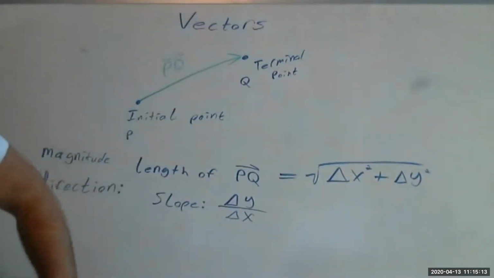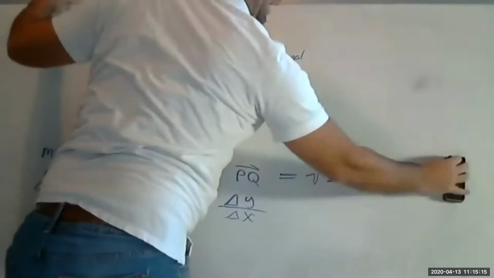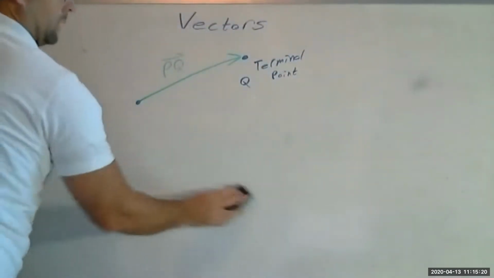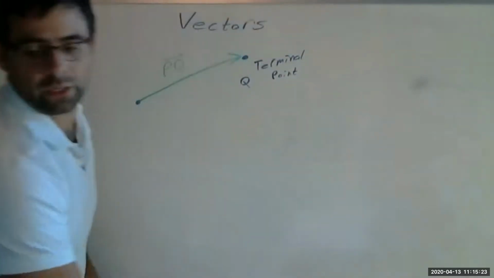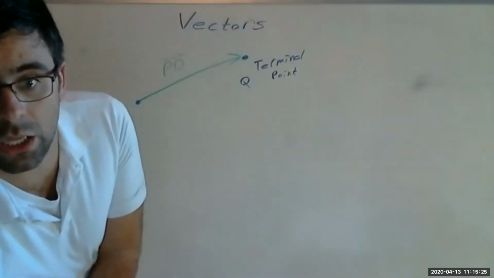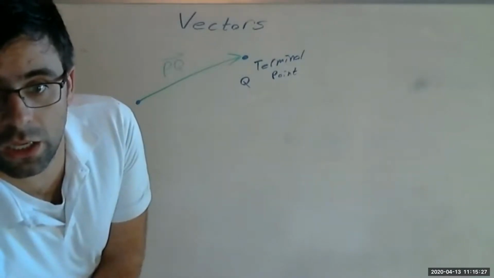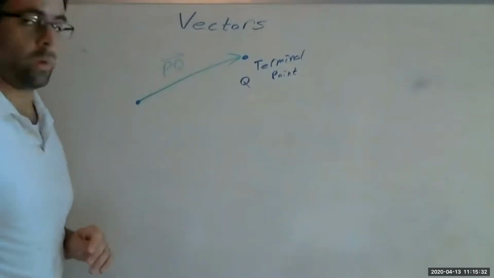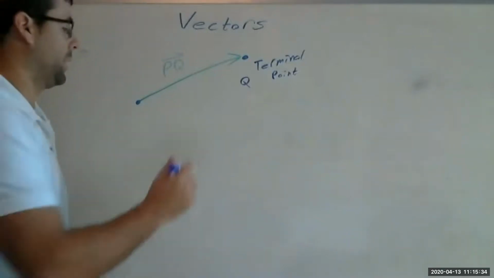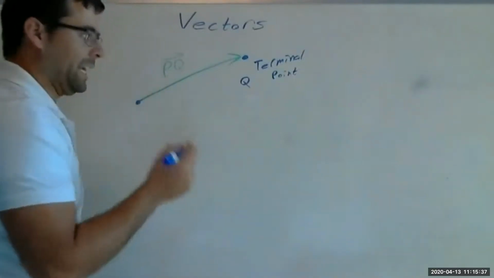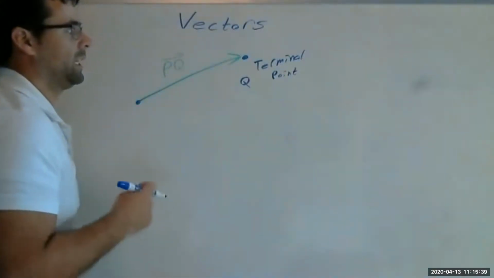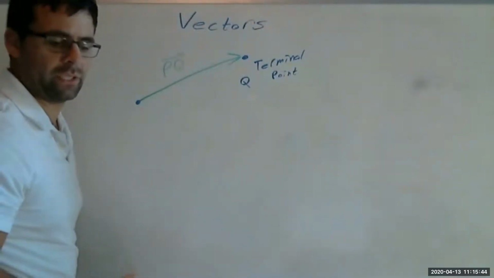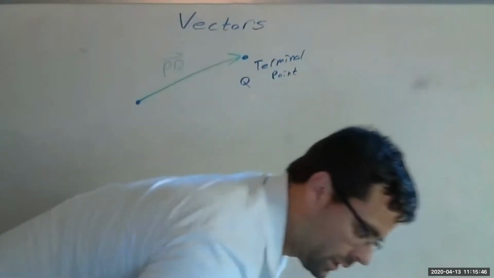So the way we determine direction is by angle. One way we said is that slope thing, but we like angles in here. So let's try and come up with an angle that tells us everything we need to know about this vector.